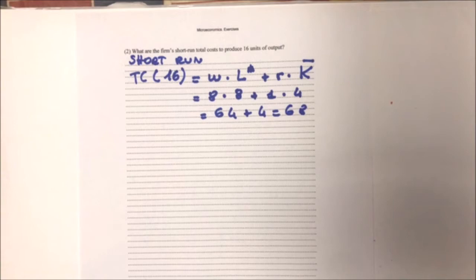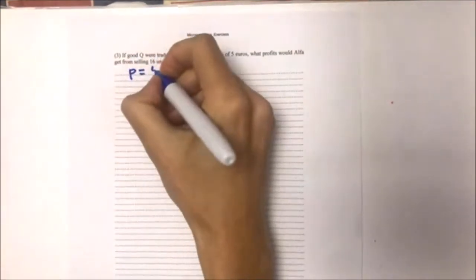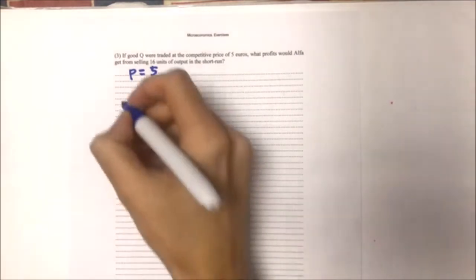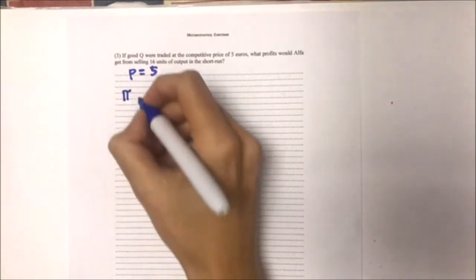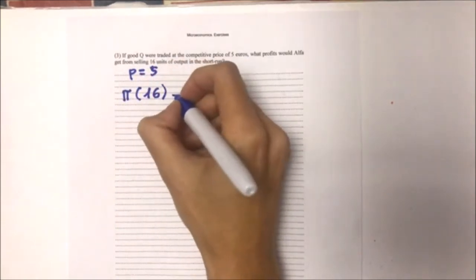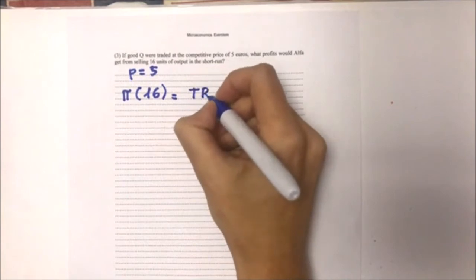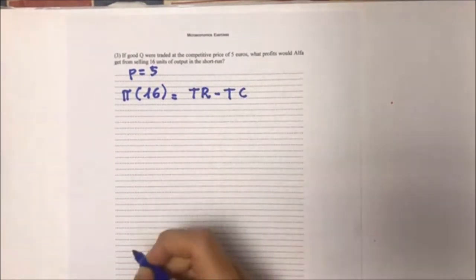Now we can move to point 3 of the exercise. If good Q were traded at the competitive price of 5 euros, what profits would Alpha get from selling again 16 units of output in the short run? So we have to compute the profits related to 16 units. Profits are given by total revenues minus total cost.